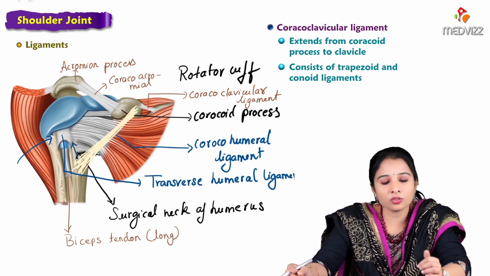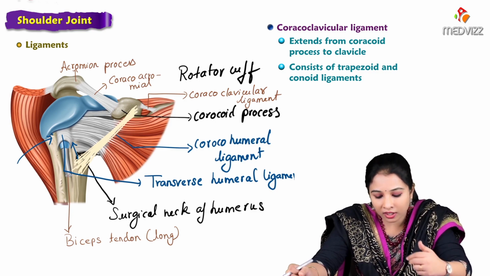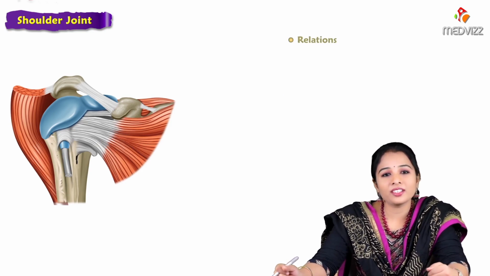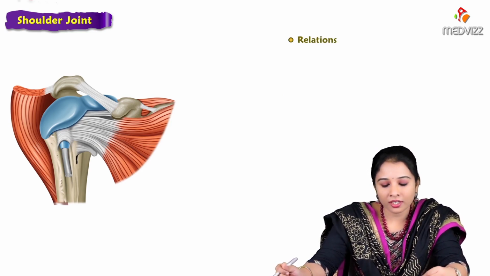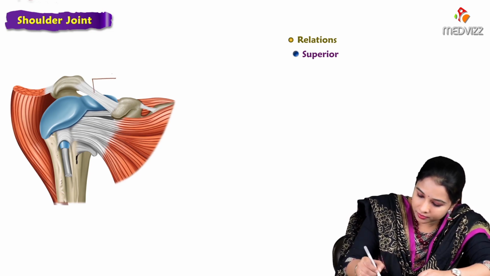This ligament is also not in direct connection with the scapula and the humerus, but it is associated with the shoulder joint.